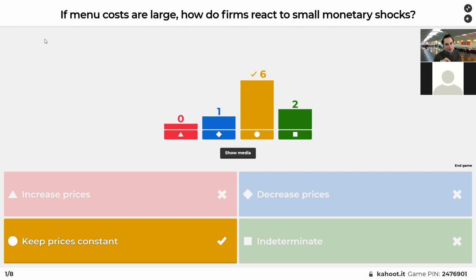The idea is that even if the menu costs are small, that can potentially make firms not change prices, even if there's a relatively large shock. But if menu costs are large, then firms aren't going to change their prices if there's a monetary shock. So it's a bit vague, right? Big, small, but this is kind of the opposite situation than in the textbook. If the menu costs are very big and the shock is really small, there's no reason for firms to change their prices.